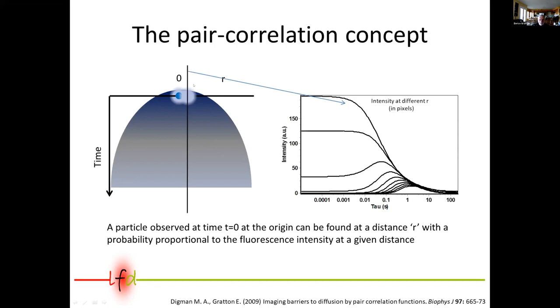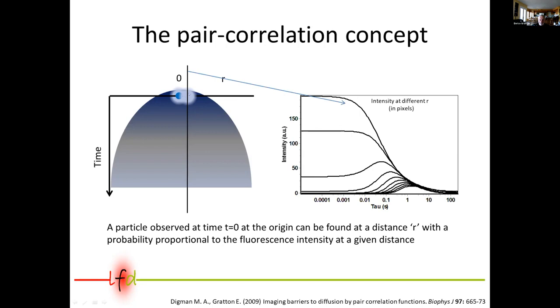So if we consider a point which is very close to the original point, and we do the product of the intensity at this point with the intensity at this point delayed, so this is not a correlation function, but the product of 2 intensities, we can find that if the 2 points are very close, the product of those 2 probabilities will be very large.